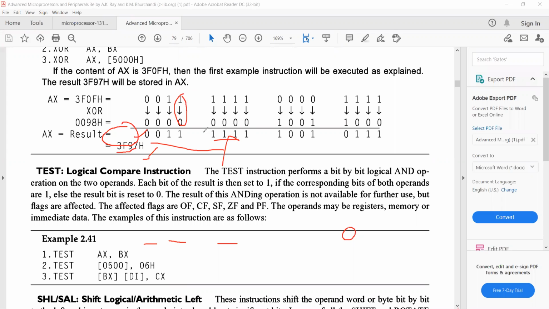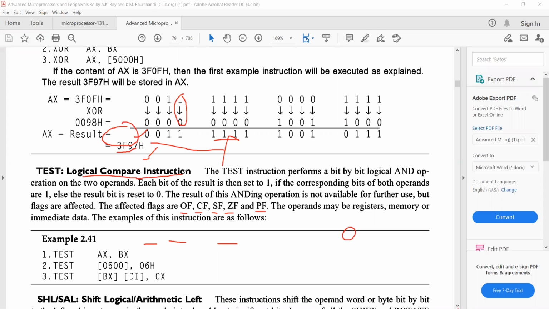Because of this AND operation, some flags will be affected, like the overflow flag, carry flag, sign flag, zero flag, and parity flag. Only those flags are given importance. So this is nothing but a logical compare instruction.